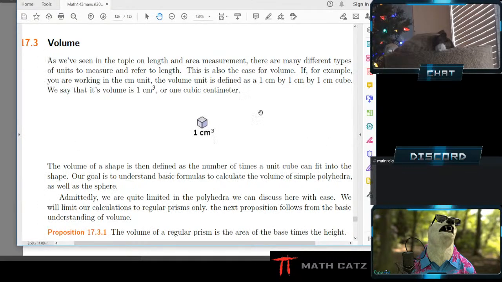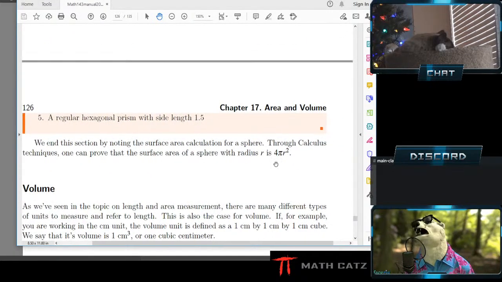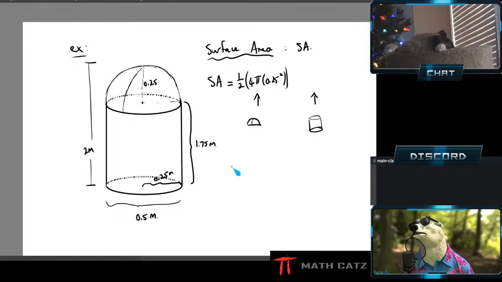I briefly mentioned it at the end, briefly because I don't have the mathematical tools to derive why the surface area of a sphere is 4 pi r squared. Some things we're just going to have to believe at this level. And then I have to calculate the surface area of this cylinder.